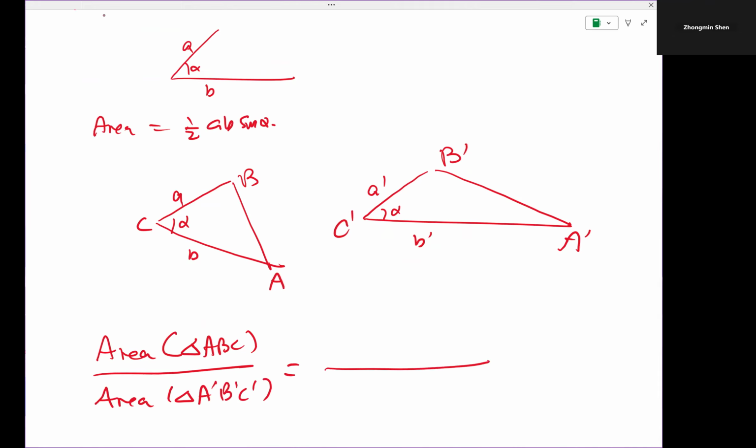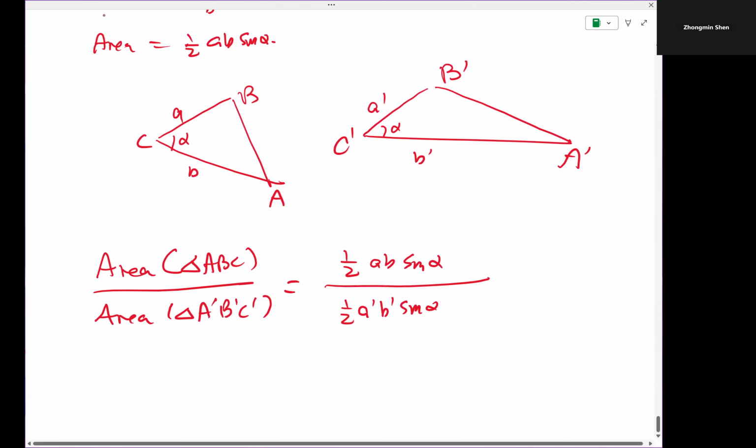Okay, so first of all, by formula, this is going to be AB sine alpha, right? And that is A prime B prime sine alpha because of the same angle. So therefore, they cancel, and you get AB over A prime B prime.